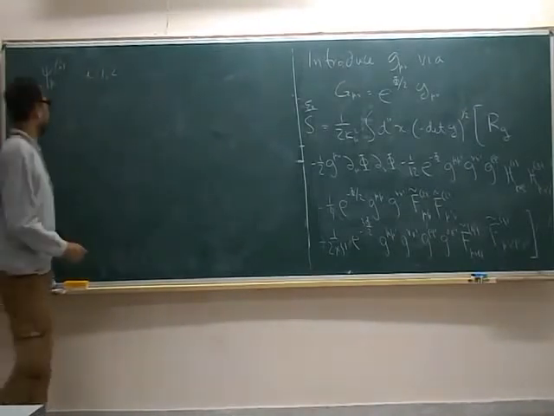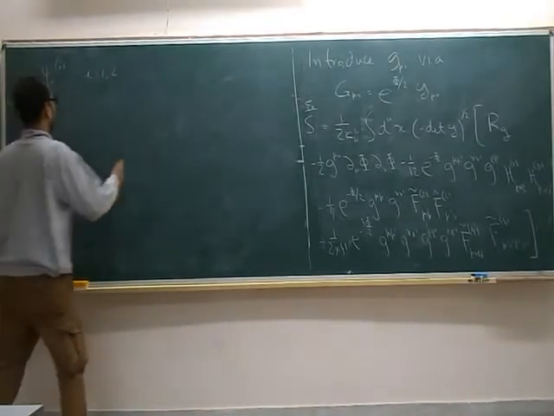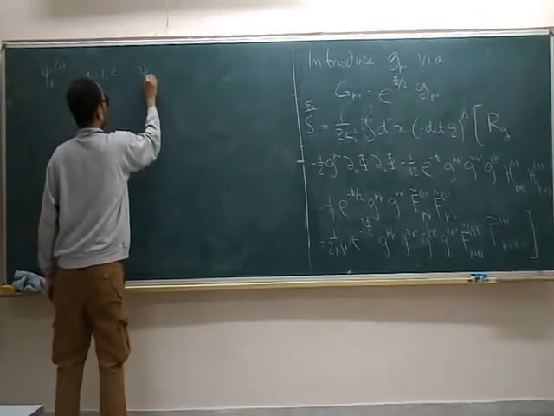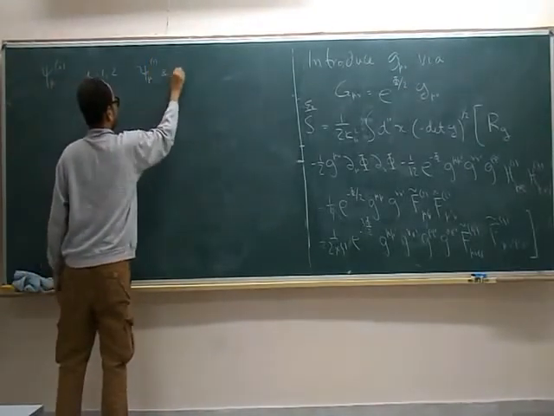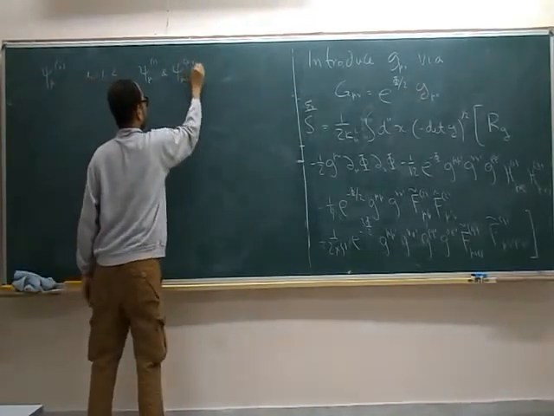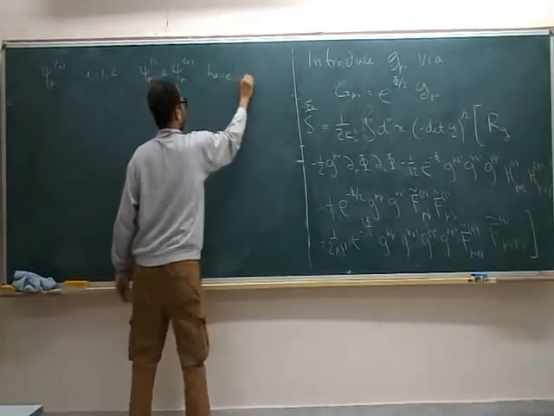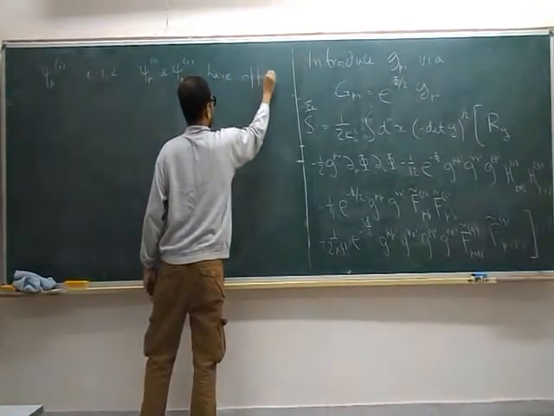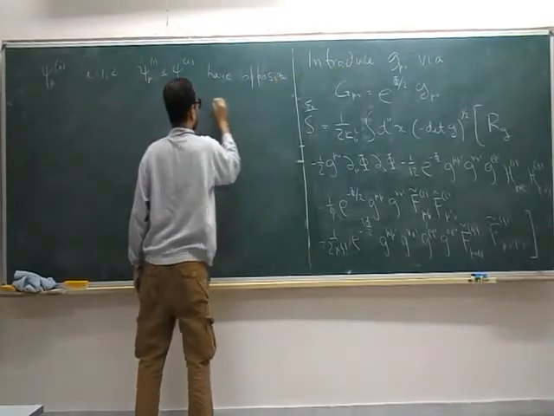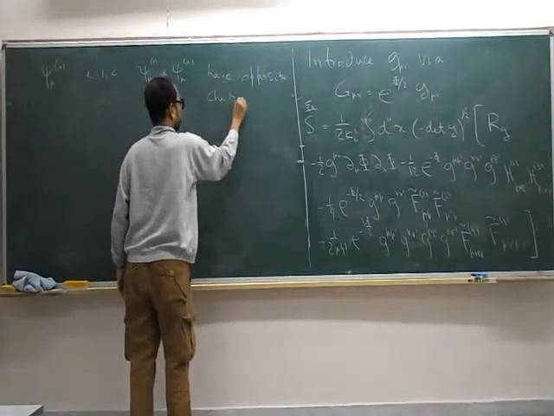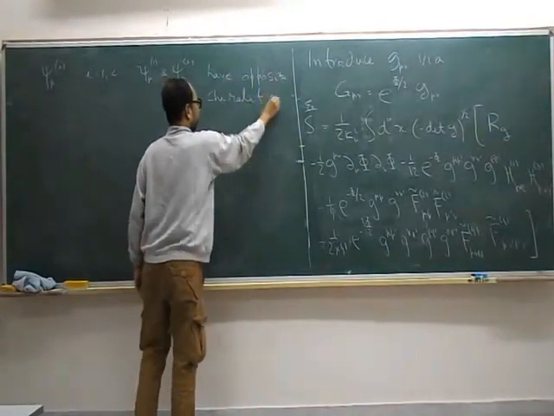The important point is that these have opposite chirality. So psi mu 1 and psi mu 2 have opposite chirality. One is left-handed, the other one is right-handed.